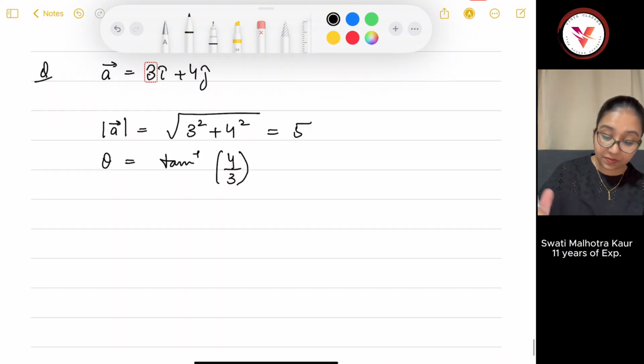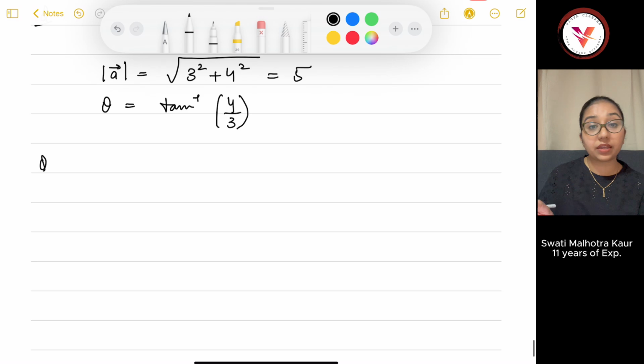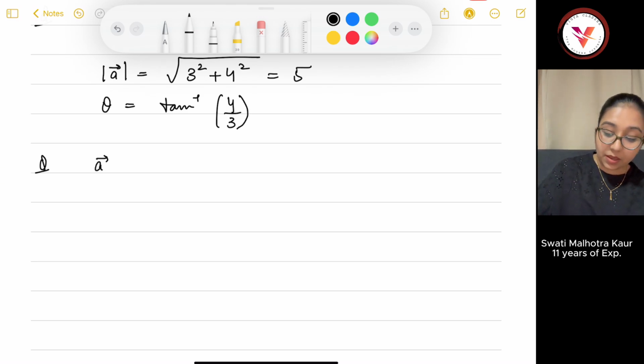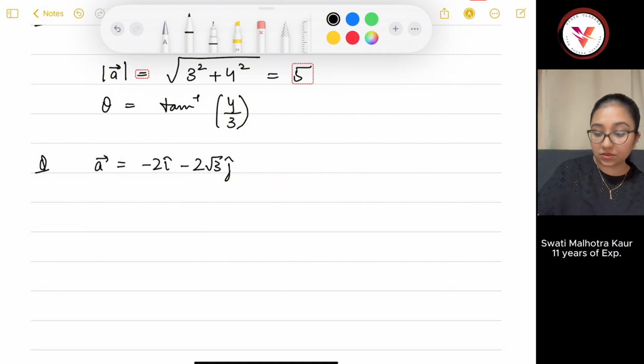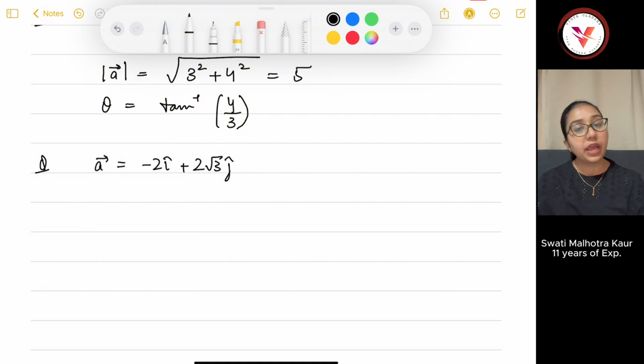Then if they are in some other direction, let's say minus 2 i cap and plus 2 root 3 j cap, something like this. Then you have to check which quadrant it is in. It's in the second quadrant, so the angle should be like this.